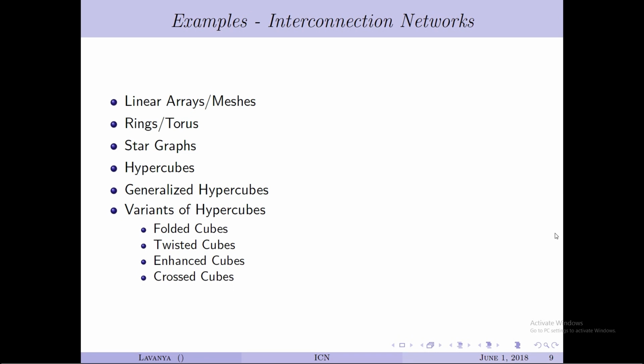These are some of the standard host graphs we have been working with. The linear arrays, the meshes or grid structures, and rings or torus. These are also standard structures that you have seen. Star graphs or hypercubes. That is what we will talk about today.